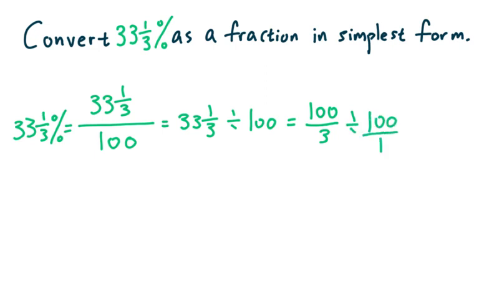To divide a number, we multiply by its reciprocal. So then we can rewrite this as 100 over 3 times 1 over 100. Before we continue to multiply, we can reduce 100 over 100 as 1 over 1. So our final answer is 1/3.